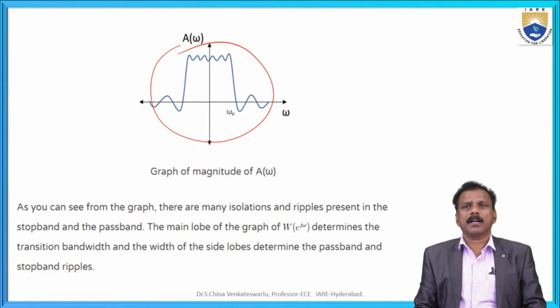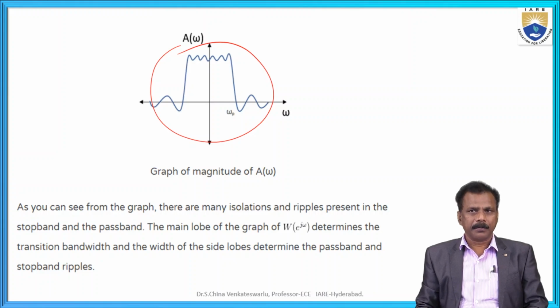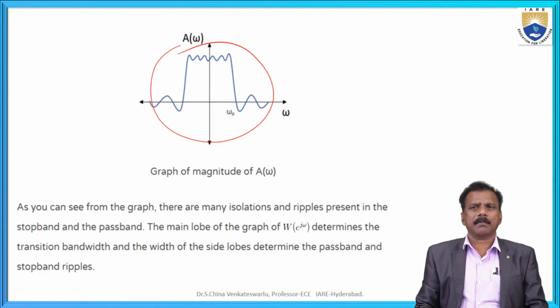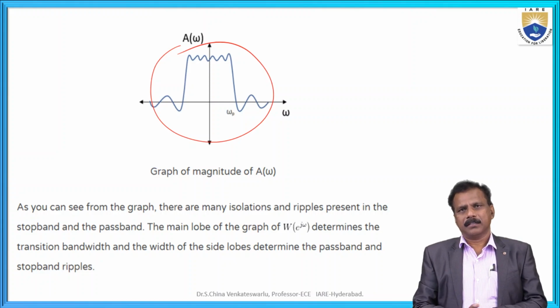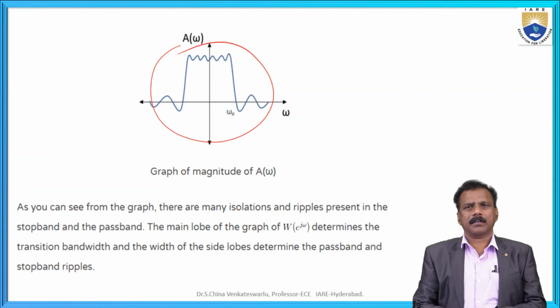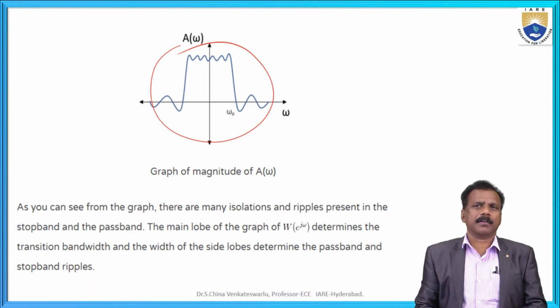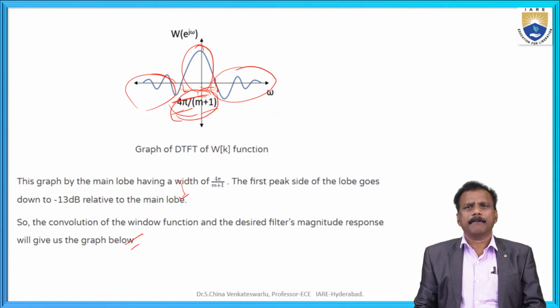The main lobe of W of e power j omega determines the transition bandwidth, and the width of the side lobes determines the pass band and stop band ripples. This is the analysis of the graph of the magnitude of omega for this case.